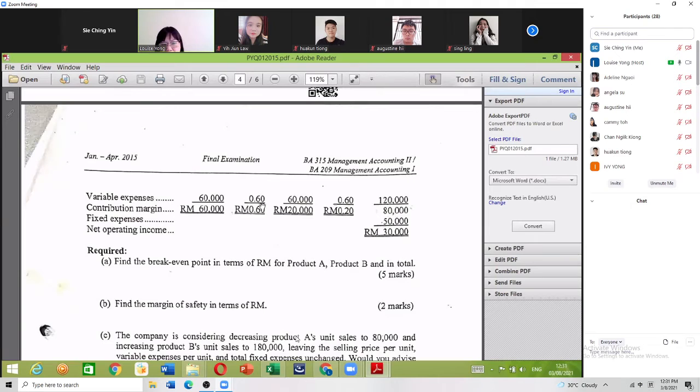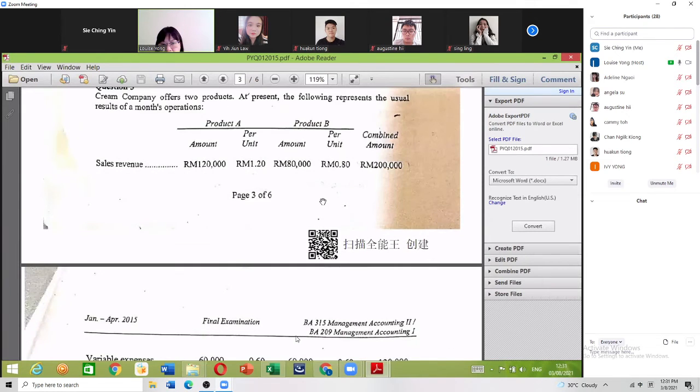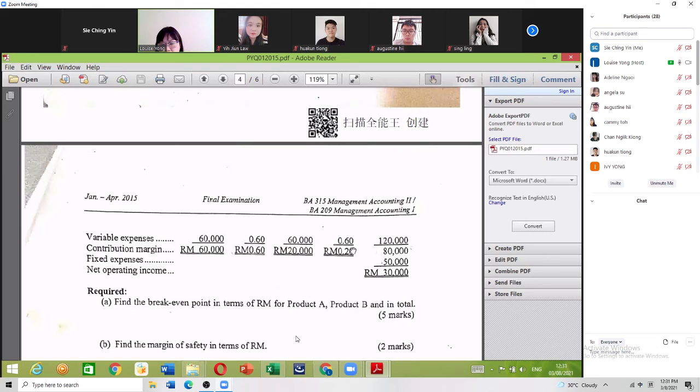Next, variable cost 60, contribution per unit 60 cent for A, for B 的话是20 cents. Fixed cost 15,000, so your profit 13,000.